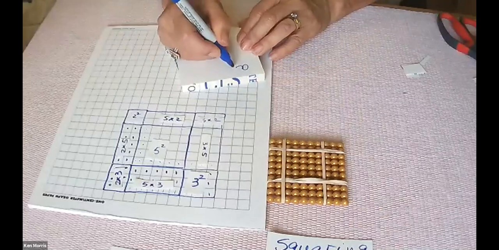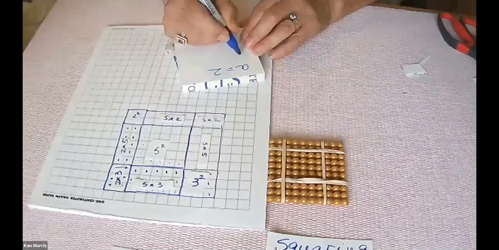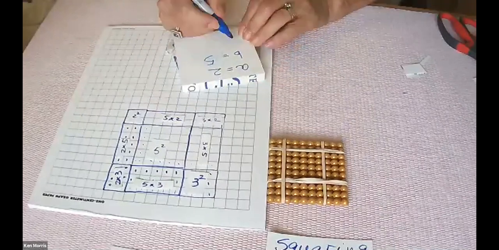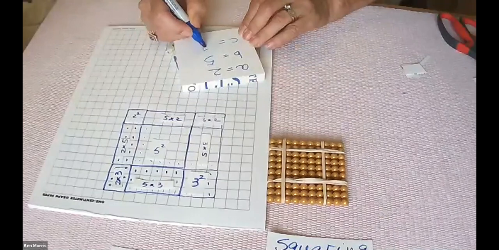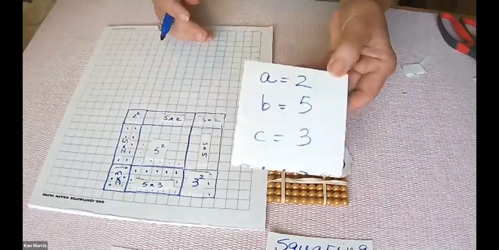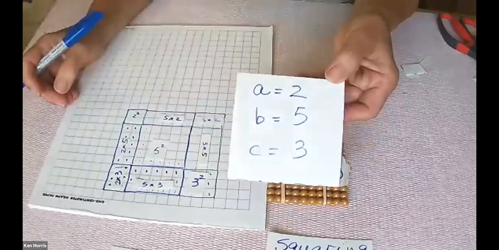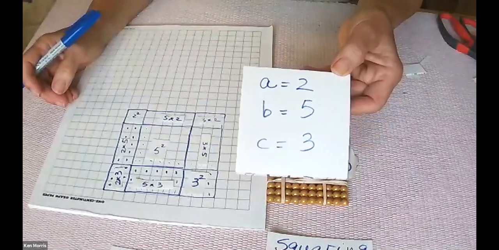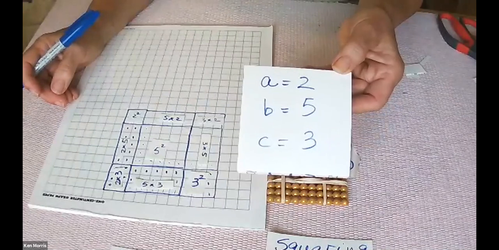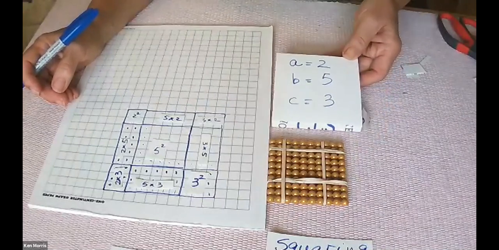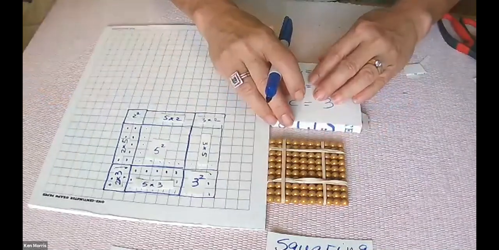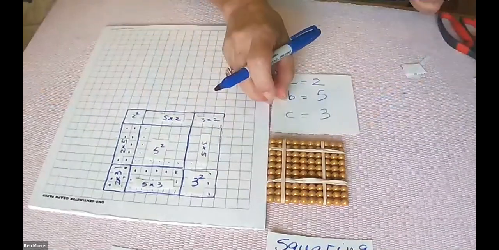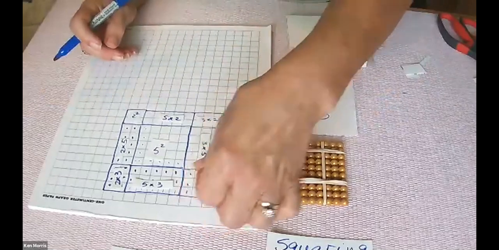I'm going to let A equal 2, B equal 5, and C equal 3. We are simply going to substitute.